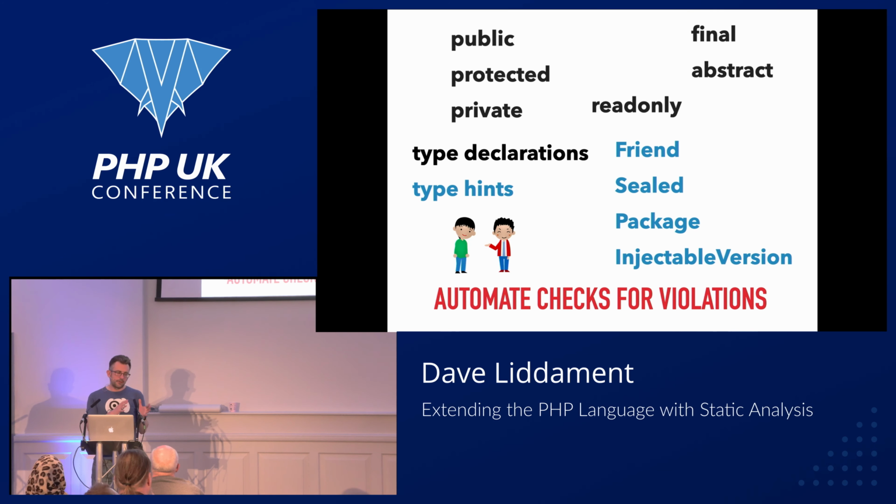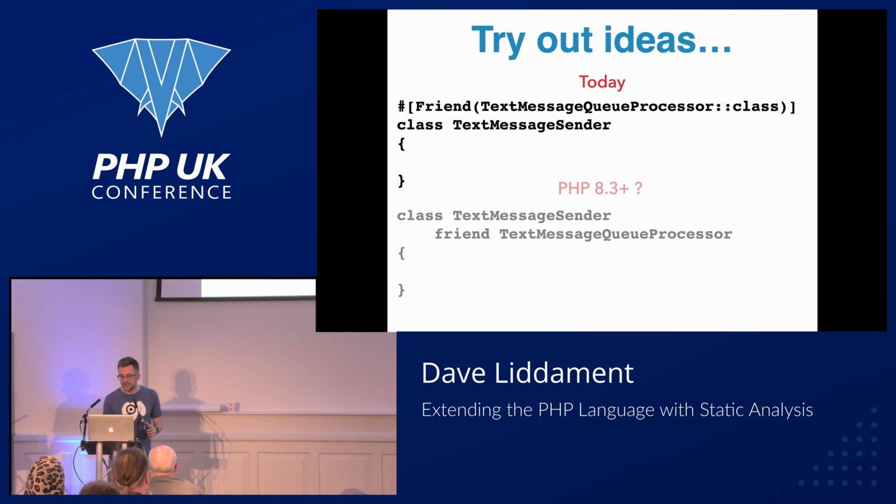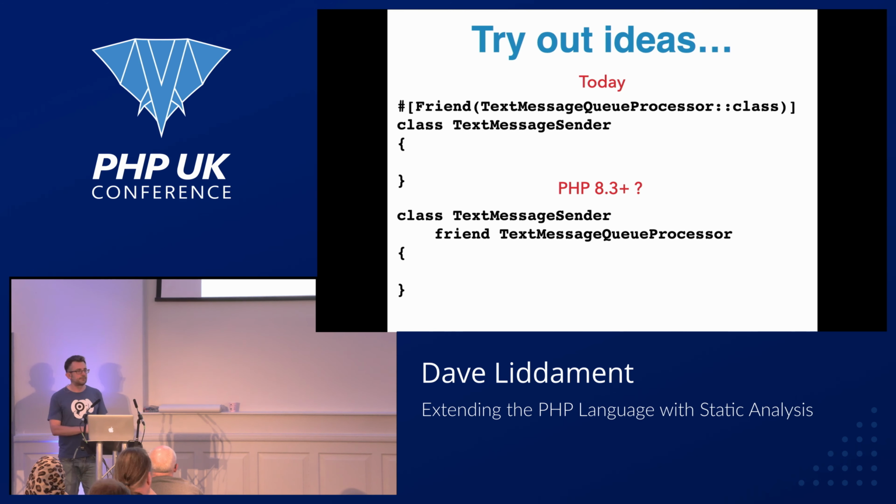And I don't know if this will take off, but today we use attributes like this for the friend attribute, and we try things out, and we say, does this work? Maybe there are some refinements we've got to try, and we can iterate through this and discuss it. And then maybe one day, it becomes part of the language. Who knows?